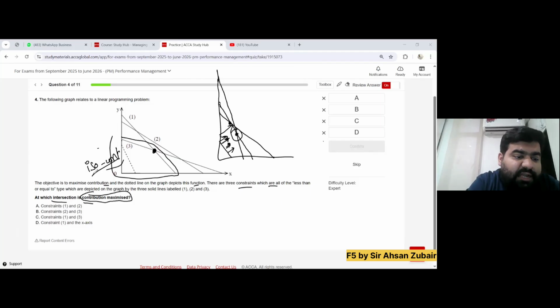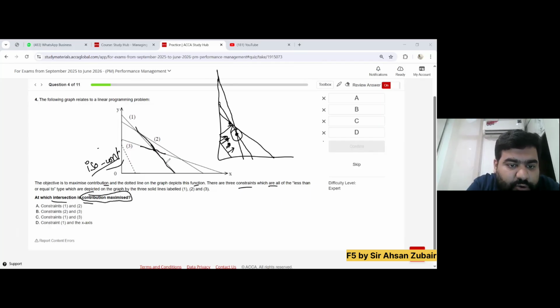So we have to see which lines are given here. This point is from this line and this line. This line is basically number 1, and this line is number 3, meaning lines 1 and 3 are intersecting.